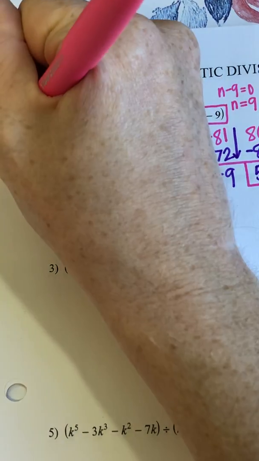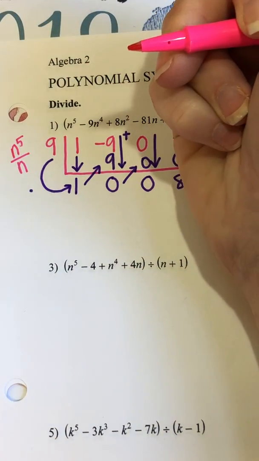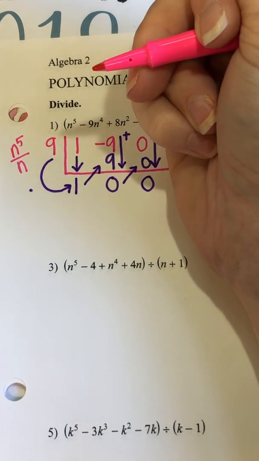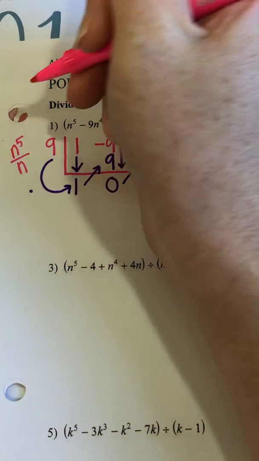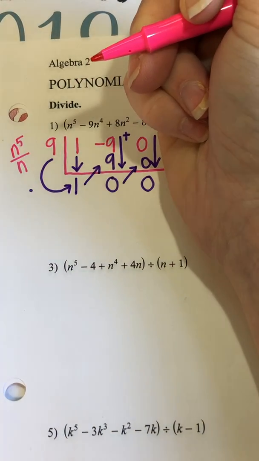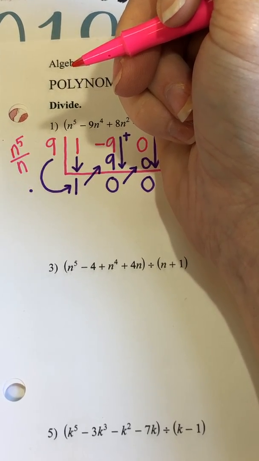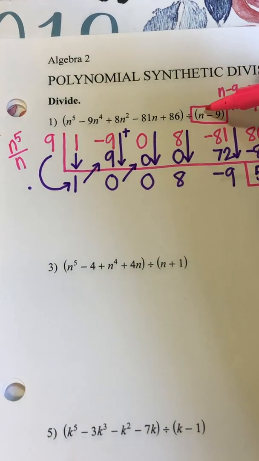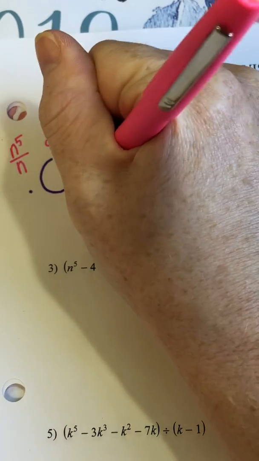If I do n to the 5th power divided by n, I have 5 n's up top and I have 1 on the bottom. I can cross out the 1 on the bottom and 1 on the top. So how many am I left with? 4.